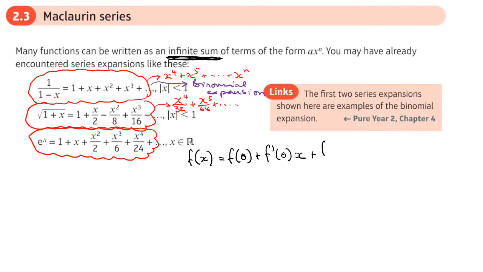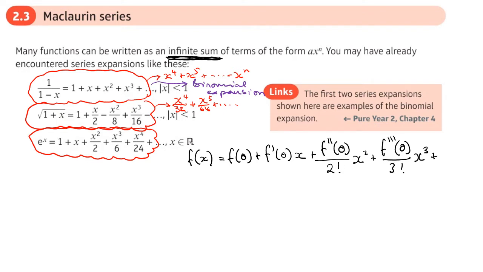Then the second derivative evaluated at 0. So what I mean is you substitute 0 in. That goes over 2 factorial. That will be the coefficient of x squared. Then the next one, the third derivative evaluated at 0 over 3 factorial. That will go in front of x cubed.